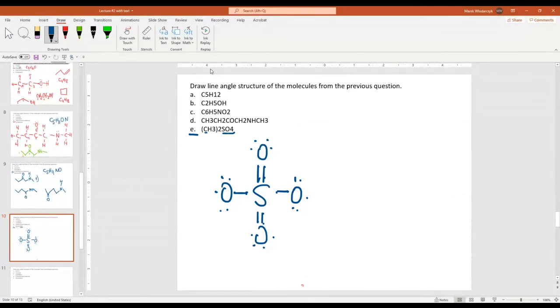Then you have 2 methyl groups left, so it's CH3 each, and you have 1 electron left on each, and those 2 electrons can now be paired. As you can see in this molecule, all carbons and oxygens are happy because they have an octet. Sulfur has the extended octet, and the hydrogens have 2 electrons each. So this is dimethyl sulfate.